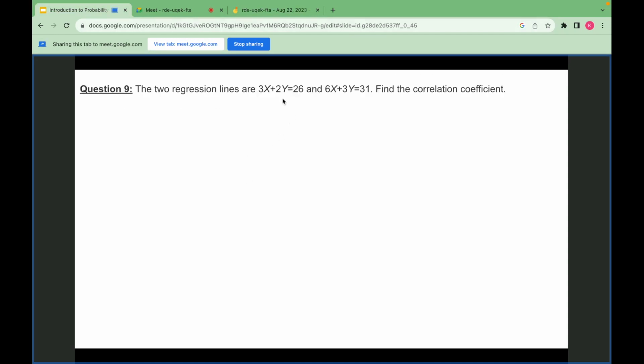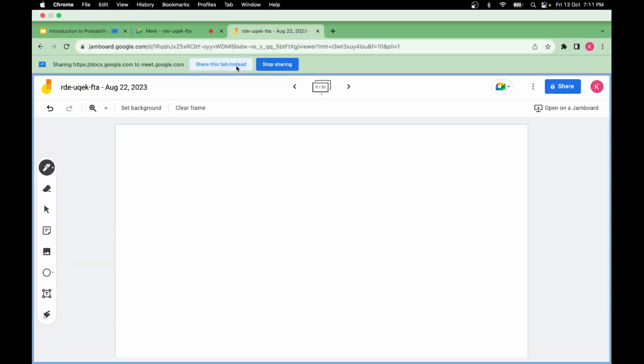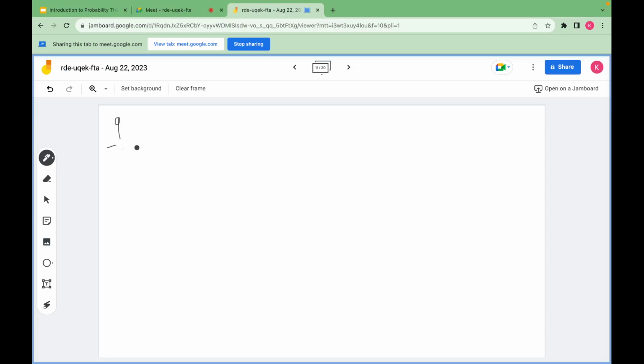So we are given two regression lines, and we need to find the correlation coefficient. We have solved this type of question earlier also, but I will again solve this question. We are given two lines: 3x plus 2y equal to 26.